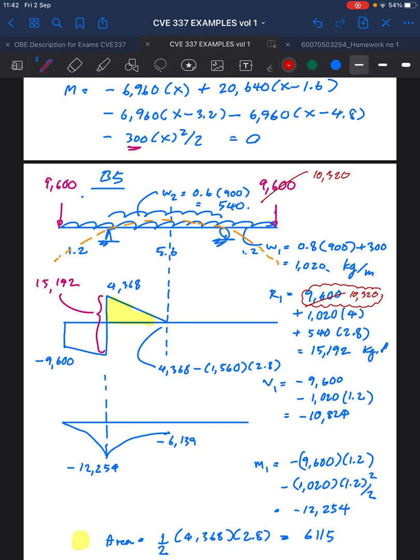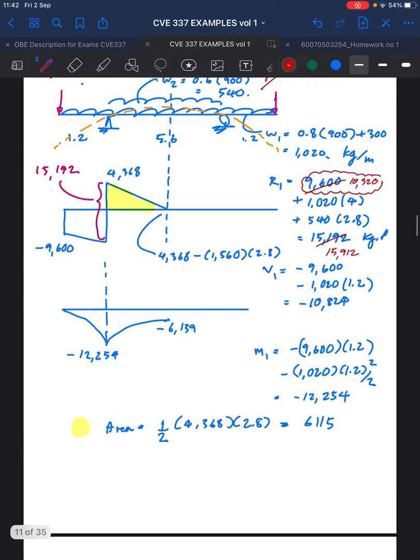So that means I can add 720 to the existing reaction. So our new reaction is going to be 15912. Oh, how confusing! You know, the old one is 15192, so the new one is 15912. Okay, so it's not much change.